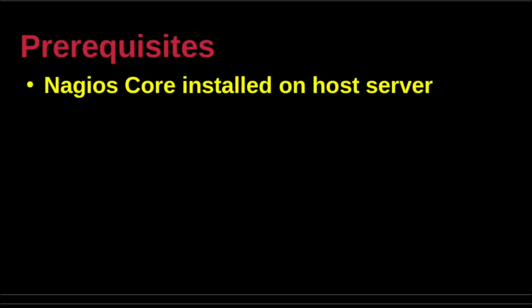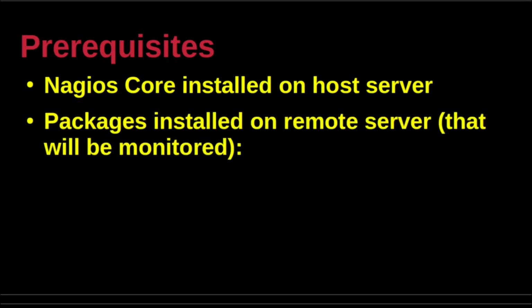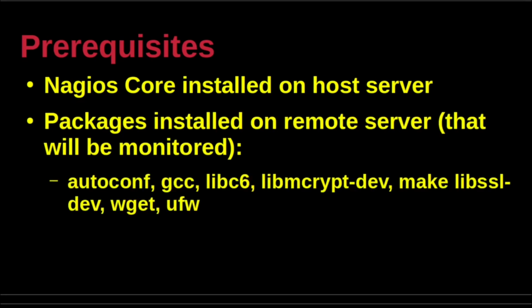The prerequisites are that Nagios core is up and running on a host computer. NRPE plugins will be installed on a remote computer that will be monitored. The key packages on the remote computer needed for the build are listed on the slide.